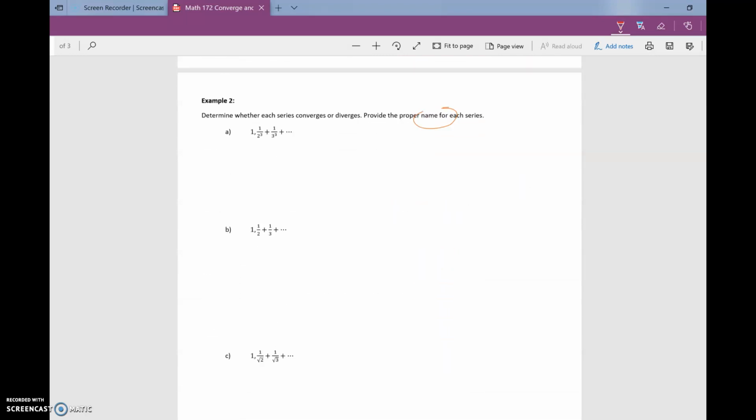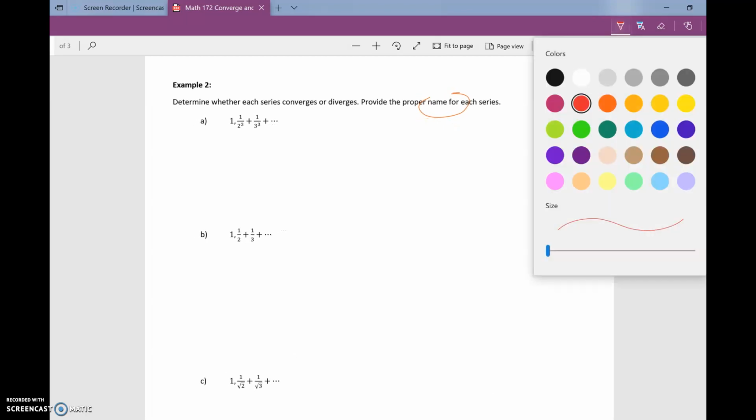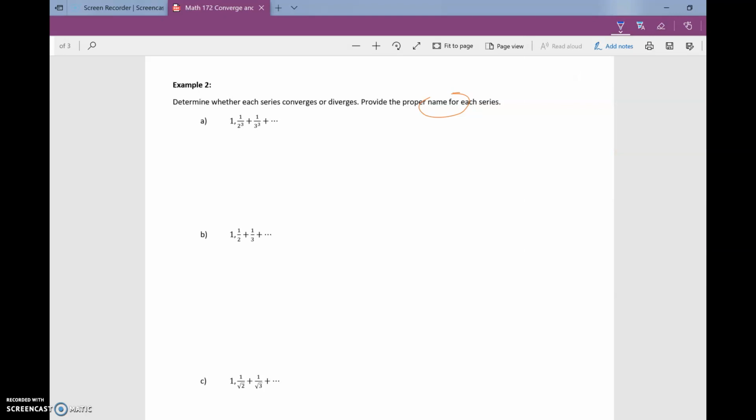So let's take a look at the first actual series. This one happens to be a p-series, so let me rewrite it as a p-series. It appears that your p is equal to 3. So therefore, this one is going to converge. So this series converges.